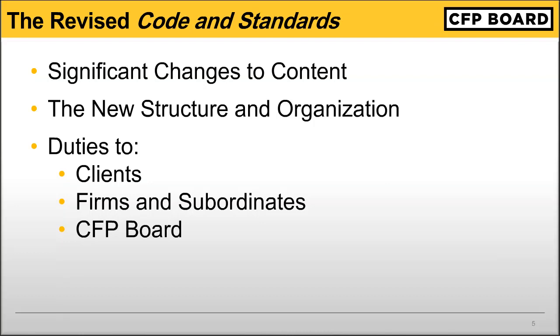So the revised code and standards have a number of significant changes to the content. There's a new structure and organization, and in particular, the duties to clients, firms, and subordinates in the CFP Board are really important sections of the standard. We're going to cover each of these.